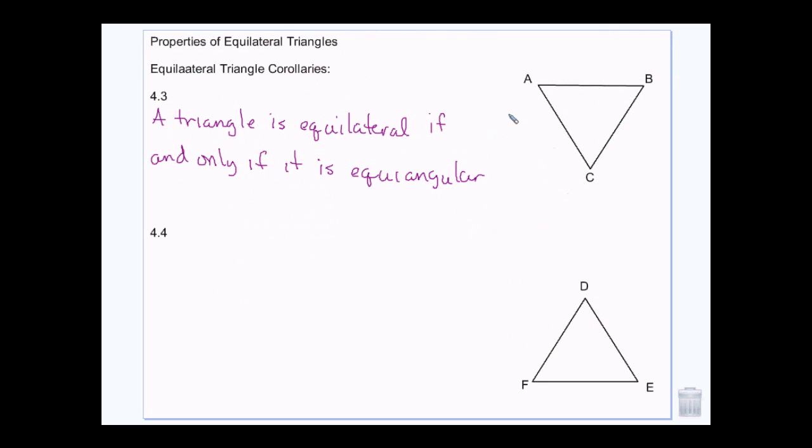Okay, and a triangle is equilateral if and only if it is equiangular. And we talked about this a little bit already. I said that those two things were really the same. If you were equilateral, you were equiangular, and if you were equiangular, you were equilateral. You had to be both. You couldn't be equiangular and scalene. It doesn't work. So basically, angles A, B, and C are all going to be congruent.